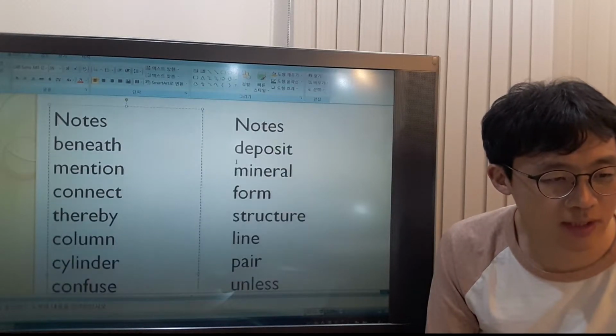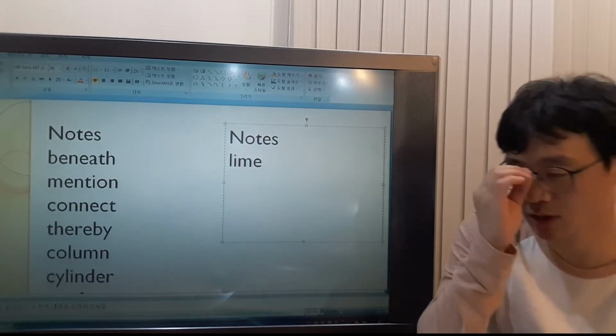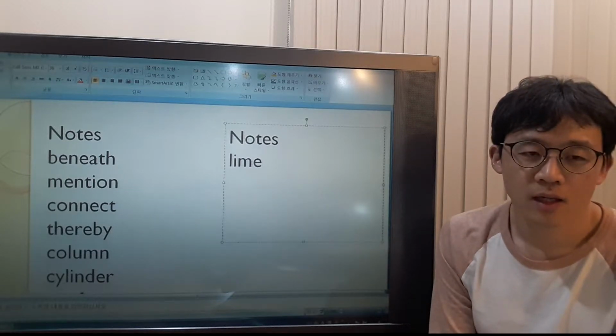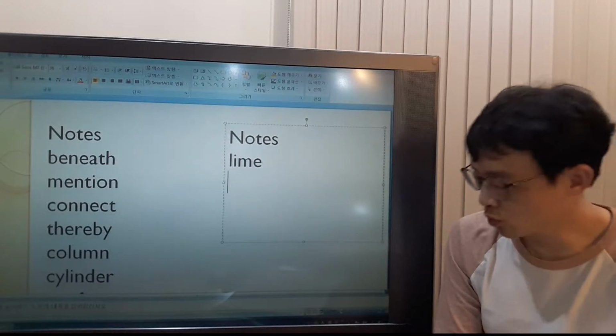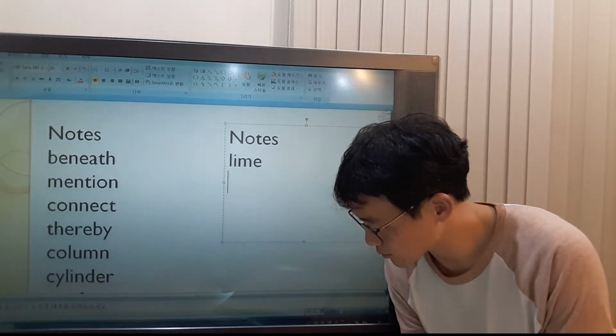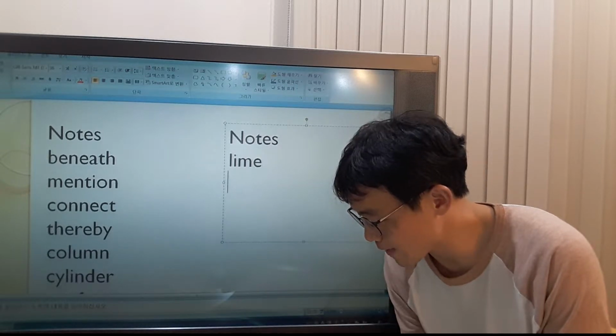All right. What is lime? Lime is a substance containing calcium. It can be found in soil or in water. Okay. You can find a lot of lime in European water. Okay.